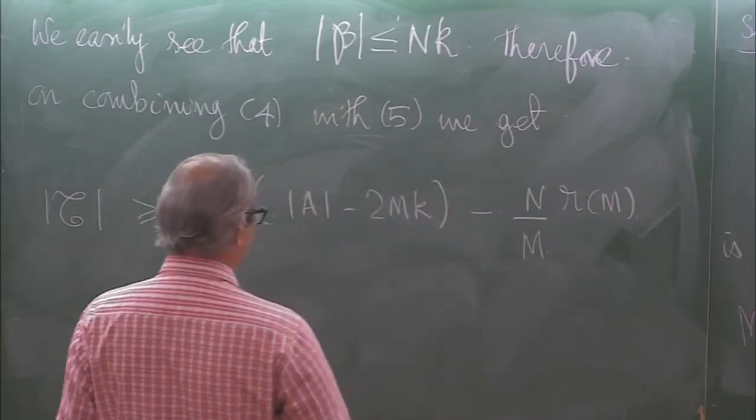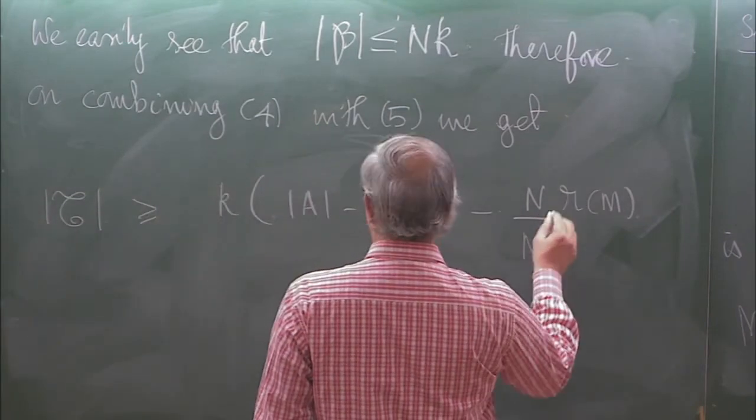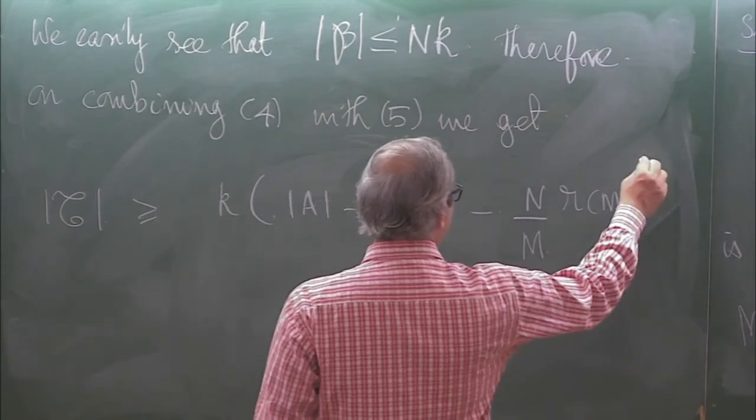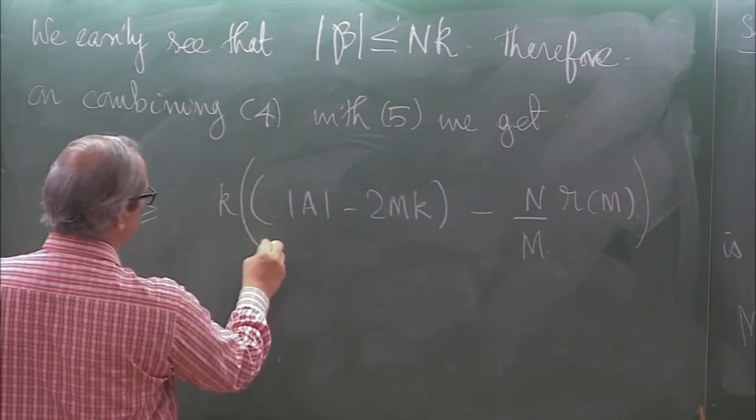Okay, if I have not made any goof in just combining these two and dividing throughout by m, capital M, you will end up with this, because here you have an nk. Okay, so I have forgotten a k here. So I can write the k outside and write it like this.